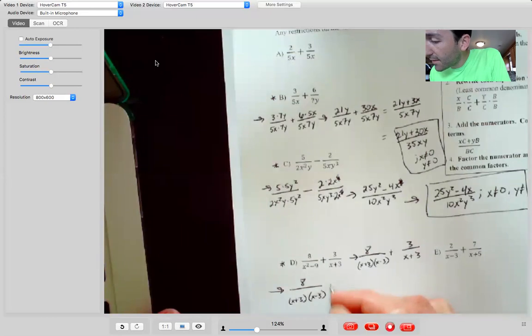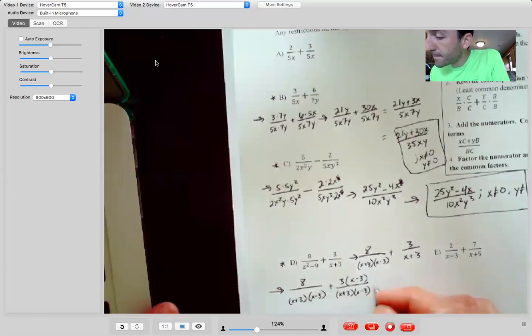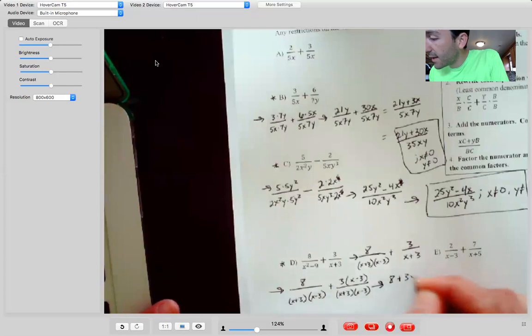And then the second one, we're going to do 3 times x minus 3 over x plus 3 times x minus 3. And so what we have then is 8 plus 3x minus 9, just distributed there, over x plus 3 times x minus 3.